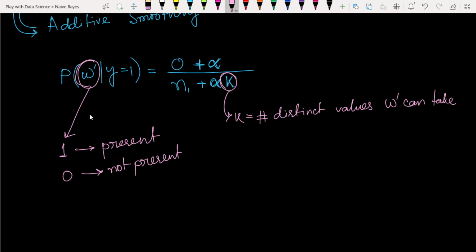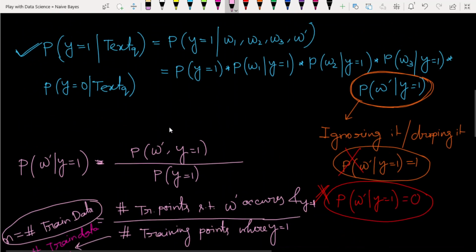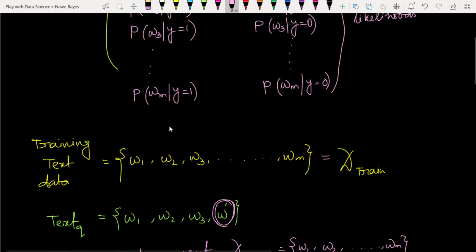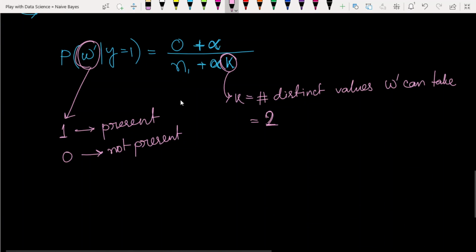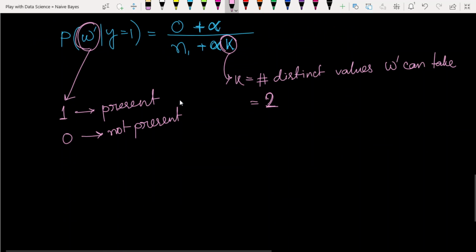So in this example w dash can take two values, so the constant k equals 2. But there are many types of classifiers; for a multi-class classifier, k can take many values. In this example our w can take only 2 values, so k will be 2.